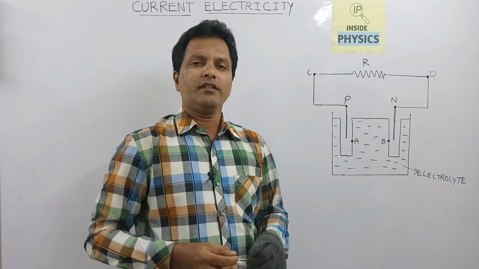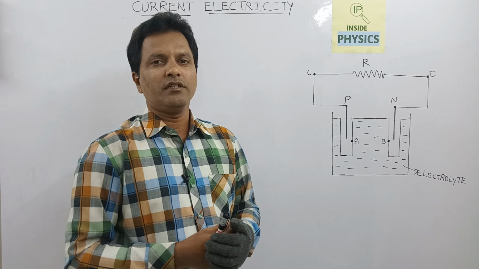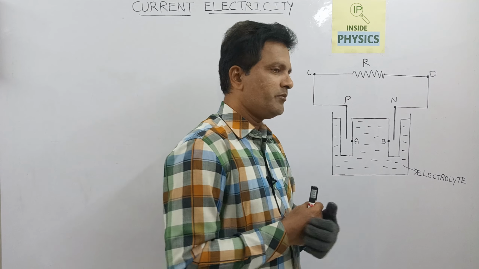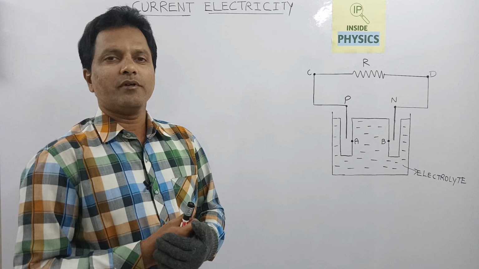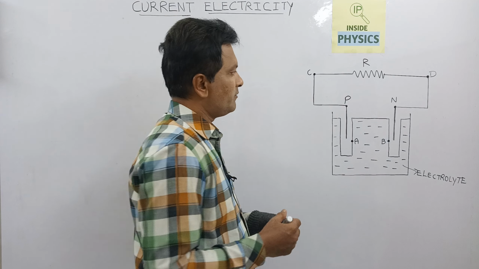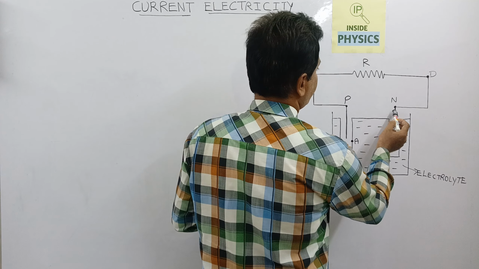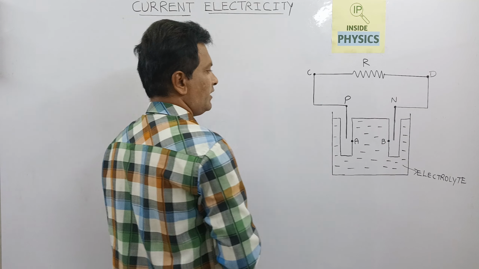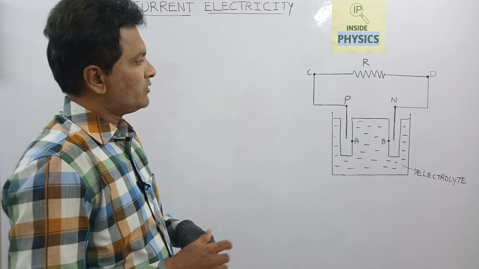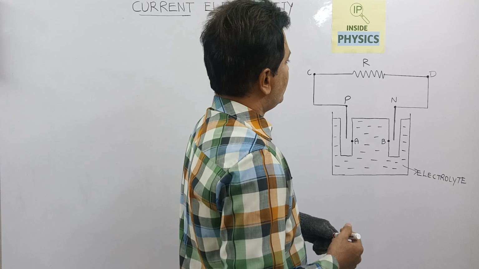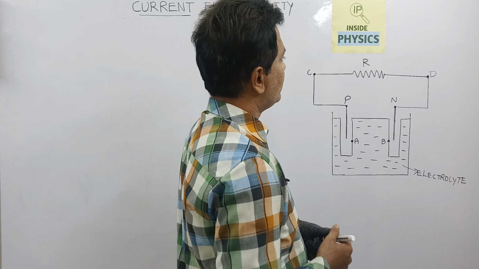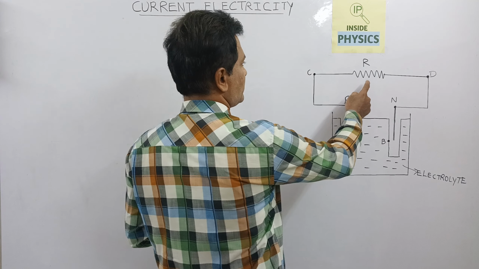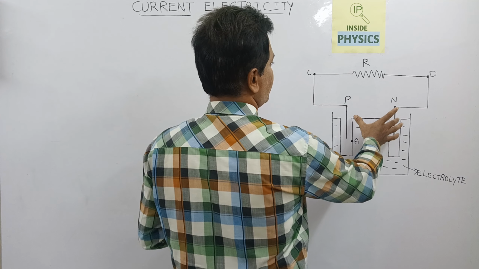The term EMF was used in olden days when its correct meaning was not properly understood, but the actual meaning is the potential difference between electrode P and electrode N. In an open circuit, meaning no current flows, suppose a resistance R is connected to the electrodes.